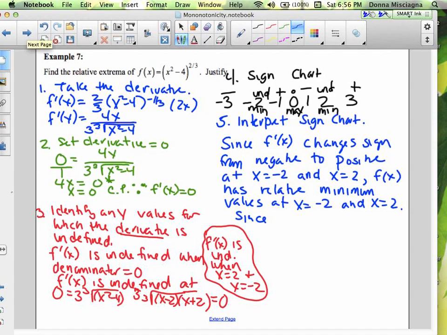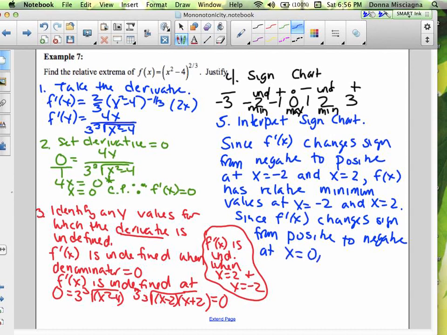Since on the outside, since f prime of x changes sign from positive to negative, at x equals 0, f of x has a relative maximum at x equals 0.